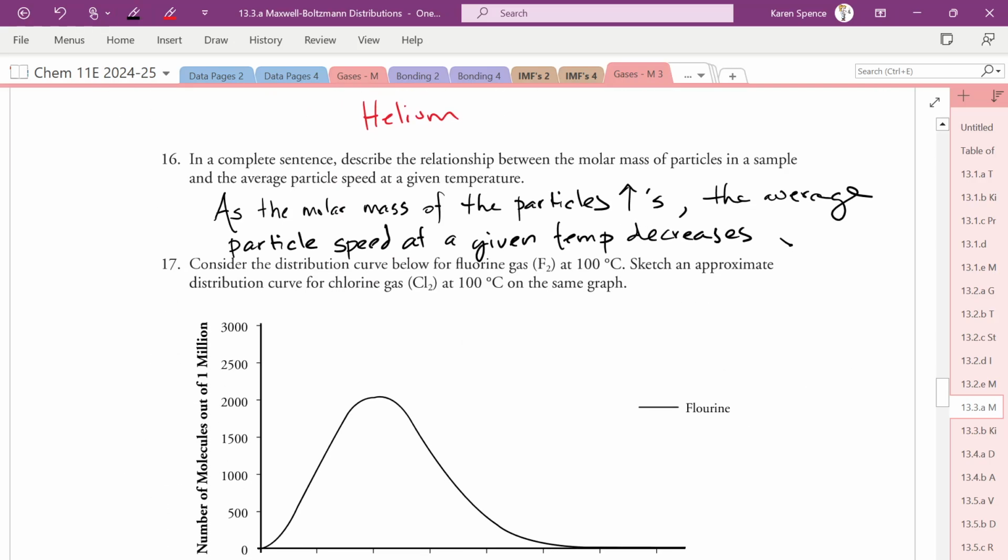Consider the distribution curve for fluorine. Sketch an approximate distribution curve for chlorine gas at 100 degrees on the same graph. So you have to think what's going to happen to the height of the peak, the location of the peak, and the right-hand edge.